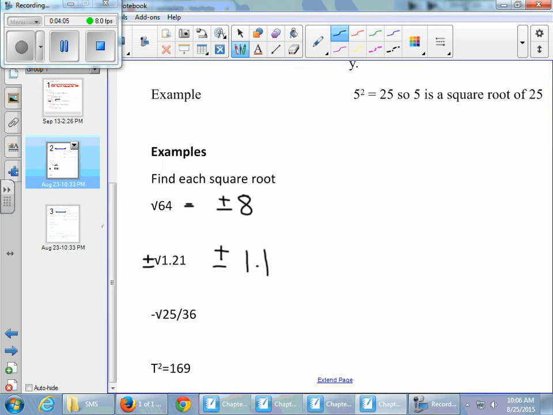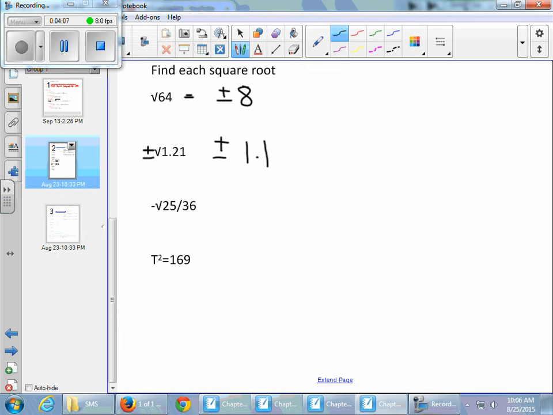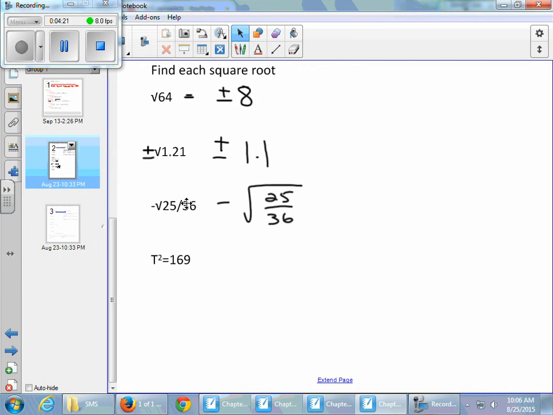Now the next one, we have a negative square root of 25 over 36. Okay, we're going to see it written like this, and the negative is on the outside of the square root. That means our answer is going to start off being negative.